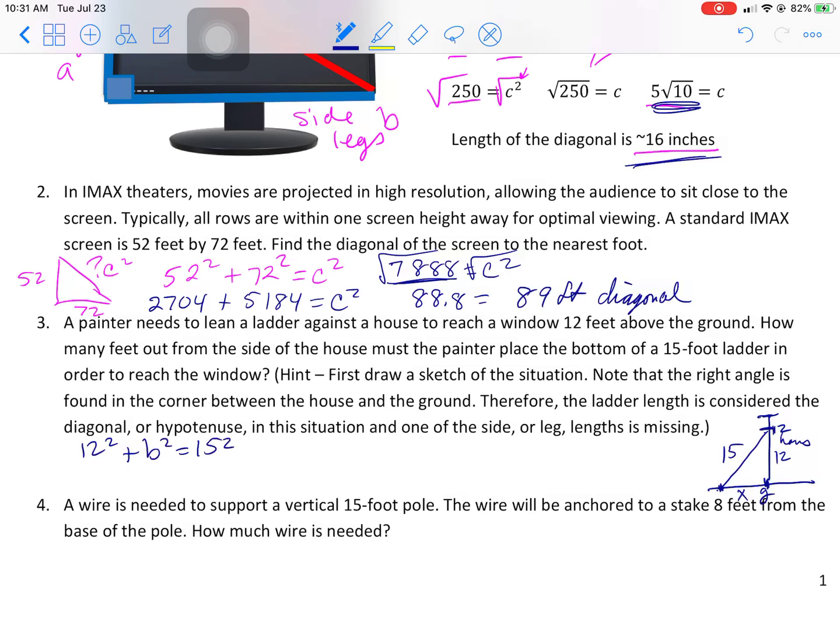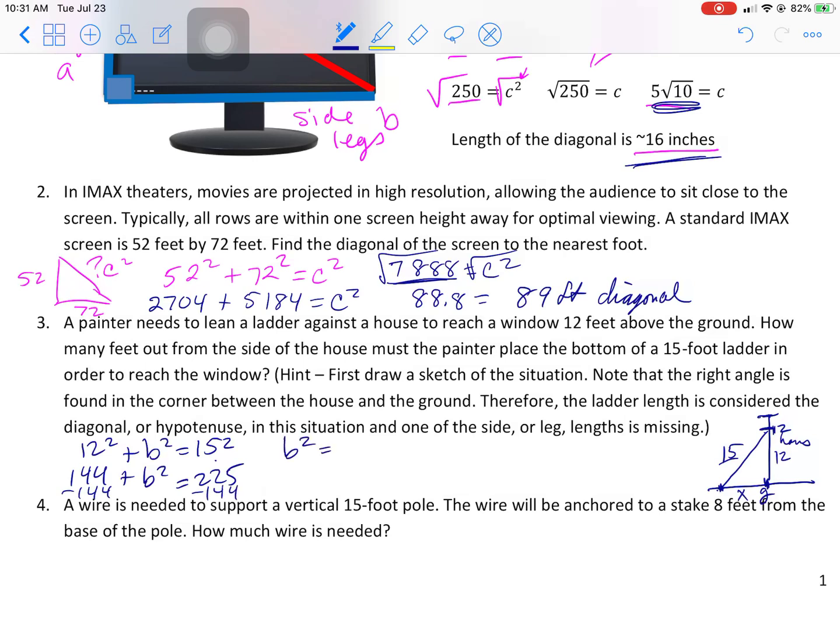A and B, let me be super clear, A and B doesn't matter. C matters a lot. It's just wrong if you don't have the C all by itself on the side, and the C always refers to the hypotenuse or the diagonal. And this is 144 plus B squared equals 15 squared, which is 225. Subtract 144.